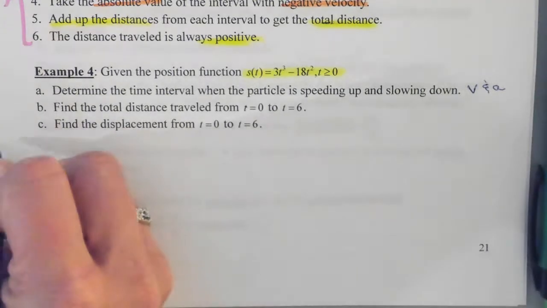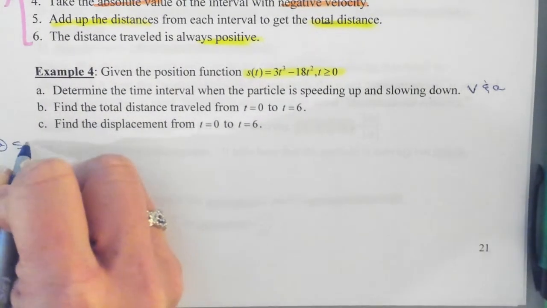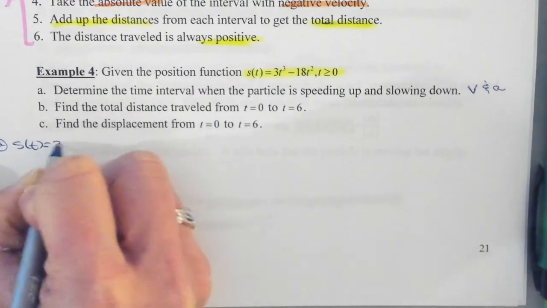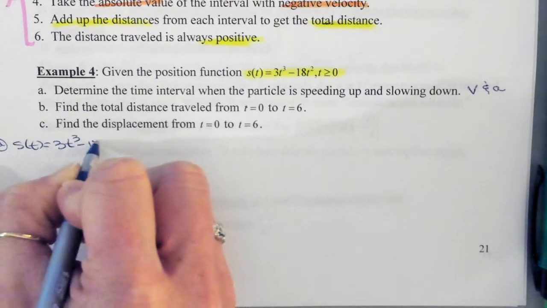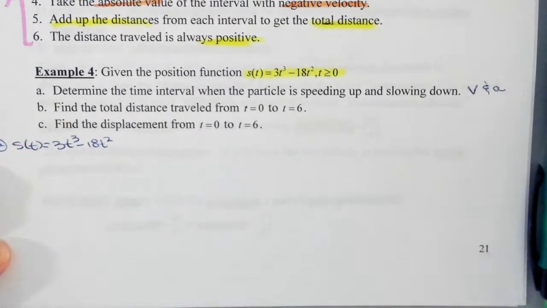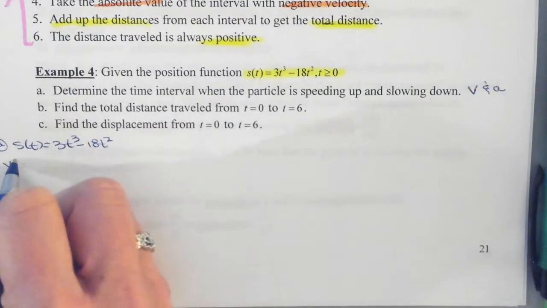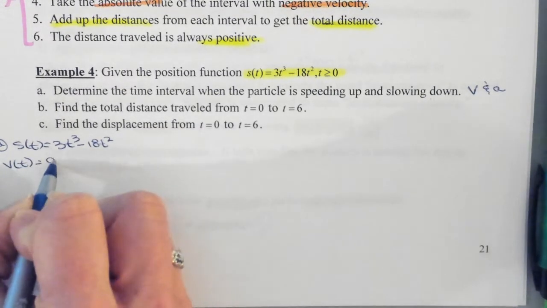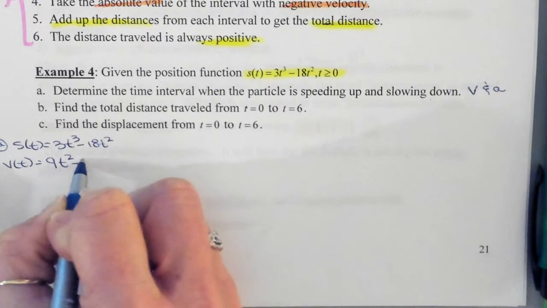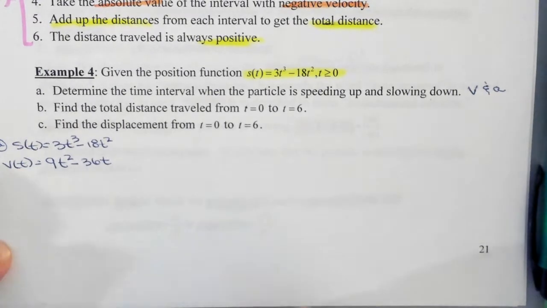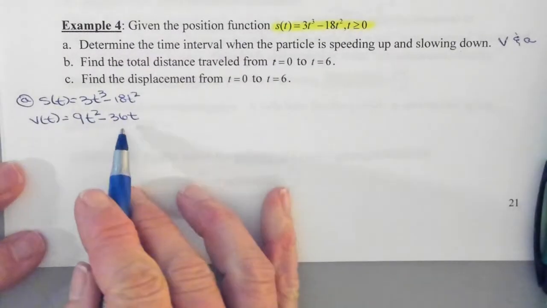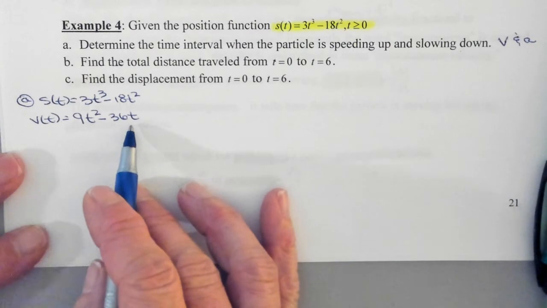So for A, we're going to take our position function, which is 3t cubed minus 18t squared. We're going to take the derivative, so we're going to find the velocity. So this is 9t squared minus 36t. We'll take our velocity function and set it equal to 0.